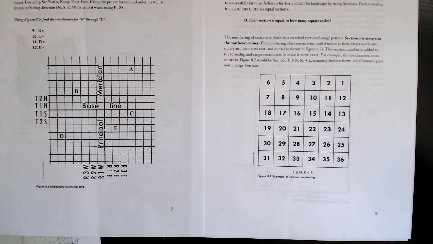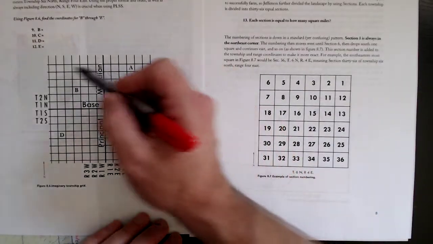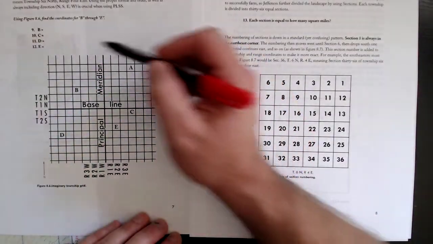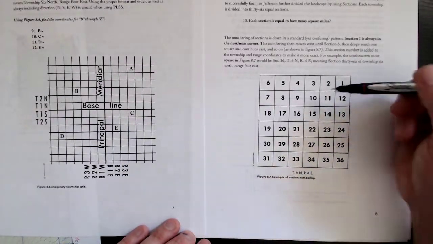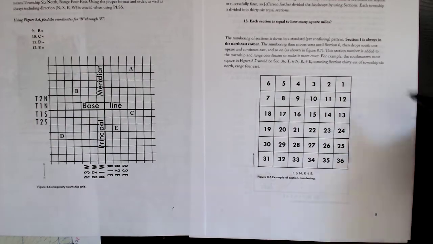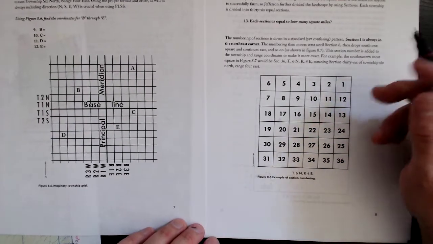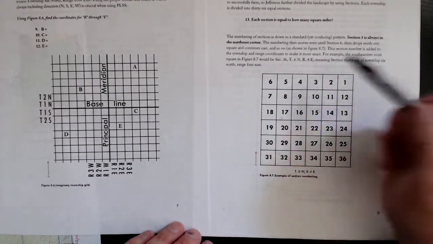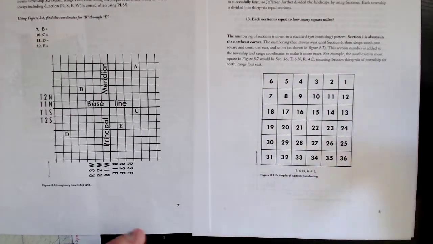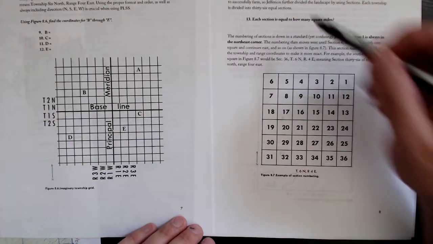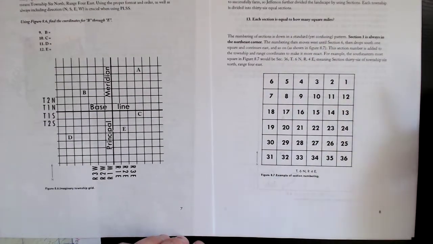Every single township, every single square in this map, is divided into 36 perfect sections, each 1 square mile. Oh, damn it, I just gave you an answer right there. Yay, okay, you got a quarter of a point, whatever that's worth.